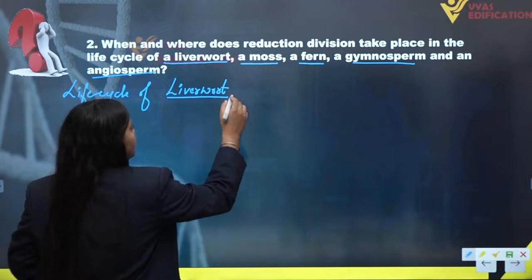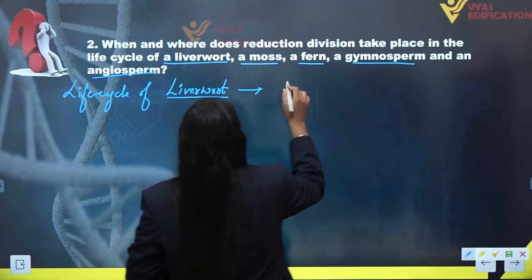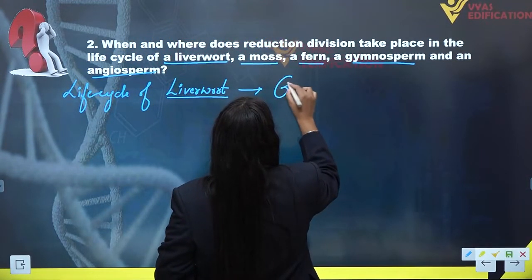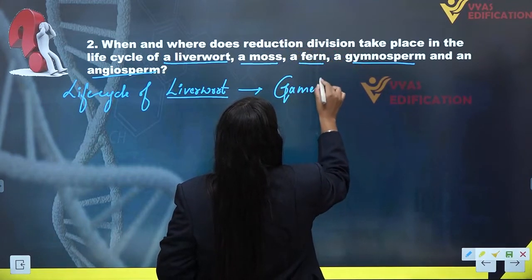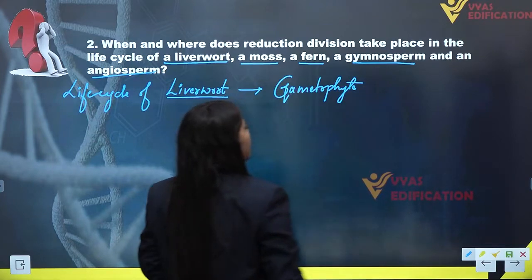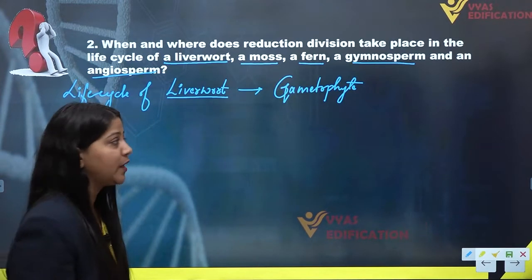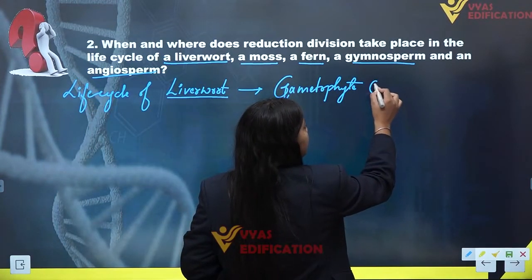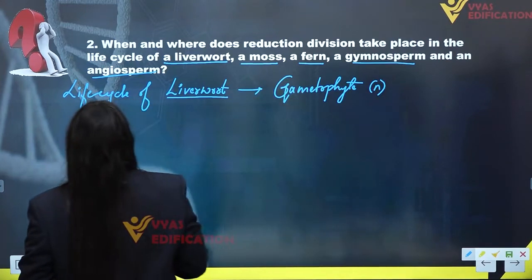Now we know that the main plant body in a liverwort is the gametophyte, which is a haploid plant body. That means N, a haploid plant body.